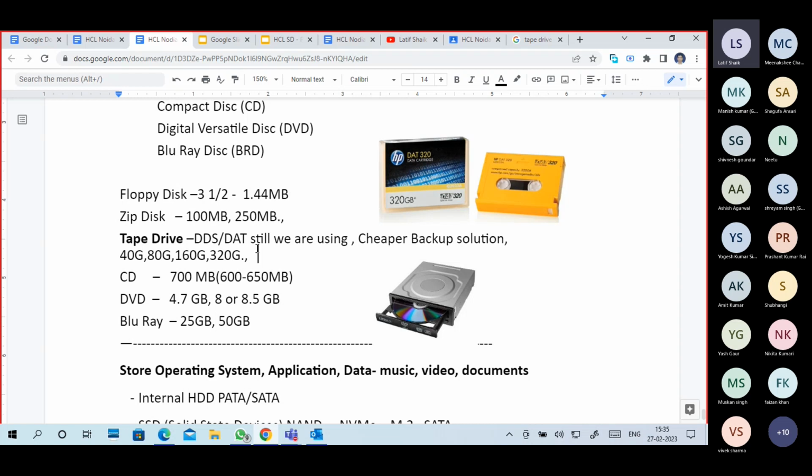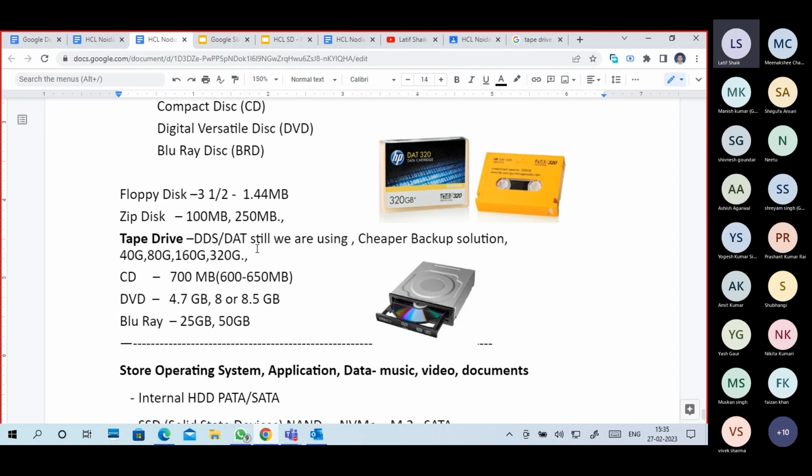CC cameras, normally CC cam data. Nowadays people store it on a hard disk, and they configure it so that once the hard disk is full, the last 30 days of data will be available and the previous data will be deleted, because you only have one single hard disk.